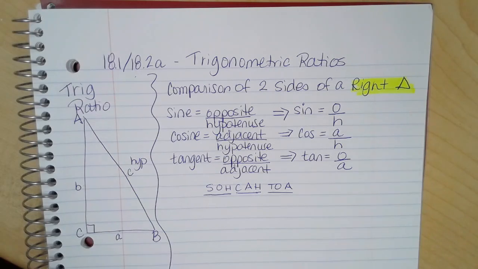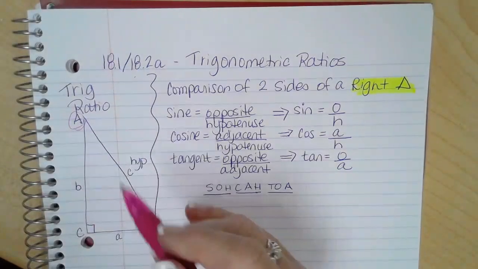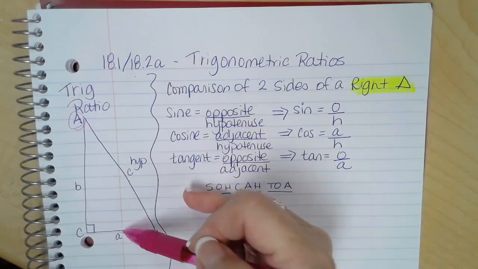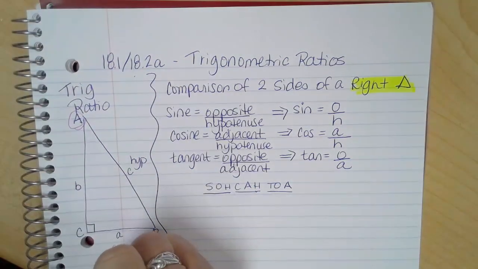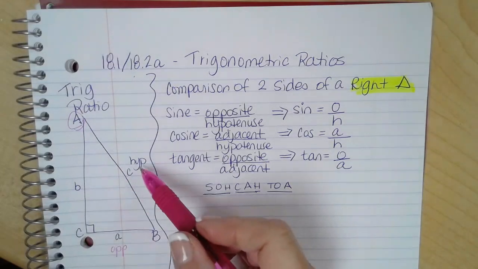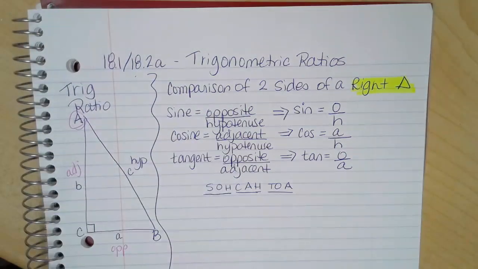So now, if we're looking at this right triangle that we were just dealing with, and we're trying to find the sine, cosine, and tan, the trig ratios, of a certain angle, we never do it for the right angle. We always do it for either angle A or angle B. I'm going to choose angle A, so I'm going to label my sides appropriately. Across from angle A is the opposite. The hypotenuse is always across from the 90. That leaves the other side as adjacent.